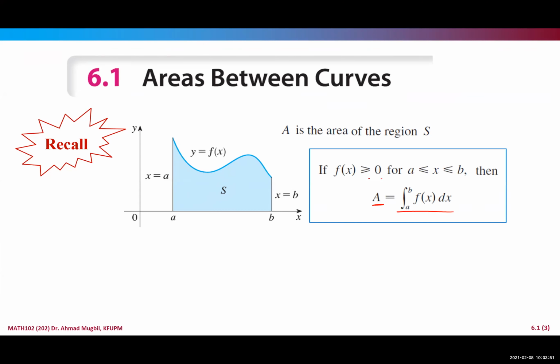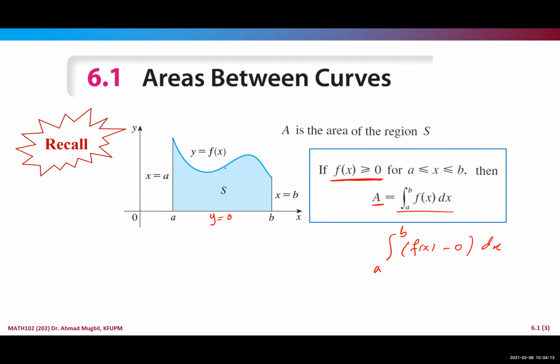And this happens because here the function is positive. It is completely above the x-axis when x is between a and b. If you think about it, indeed, we have here the integral from a to b of f of x minus 0 dx. What is this 0? This is y equal to 0. This is y equal to f of x.